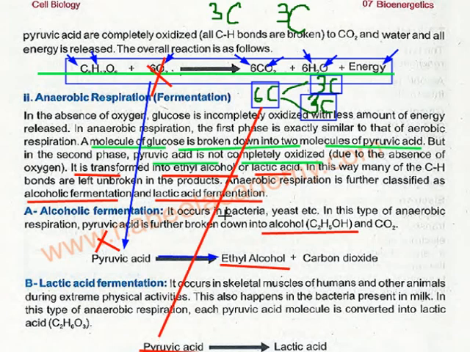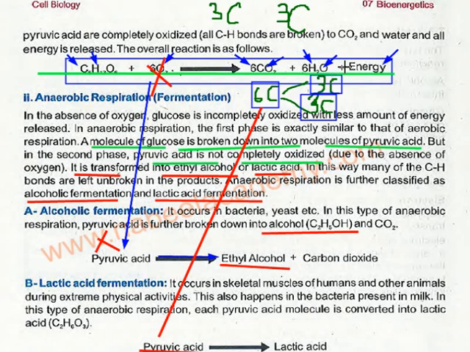This glucose which is stored in our body will be changed into pyruvic acid molecules, and as a result the pyruvic acid gets converted into lactic acid. Why? Because of the absence of oxygen. Understand? Because oxygen is not there, this reaction will not take place.